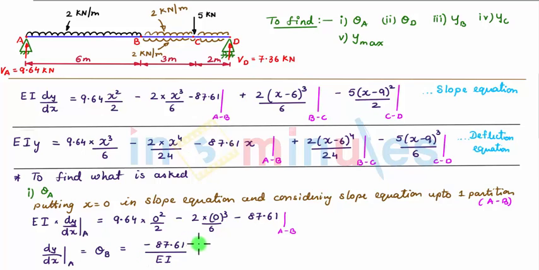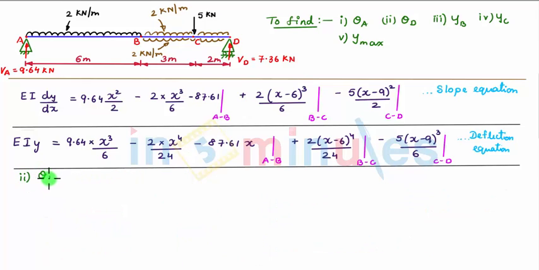So now upon substituting the value of EI, we have minus 87.61 upon, your E is 200 into 10 to the power 6 kilonewton per meter square and your I is 1 into 10 to the power minus 4. So this is equivalent to 200 into 10 to the power 2. Now this is equal to minus 4.3 into 10 to the power minus 3 radians. We see that slope at point A is negative slope.